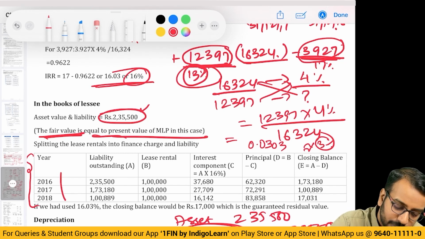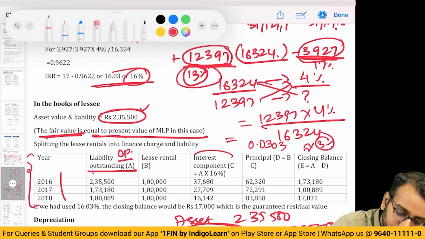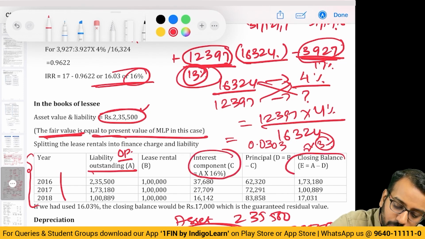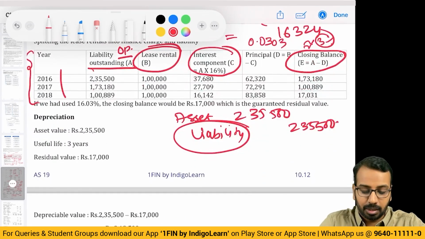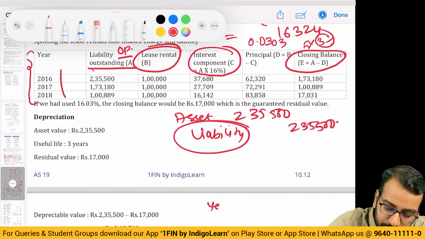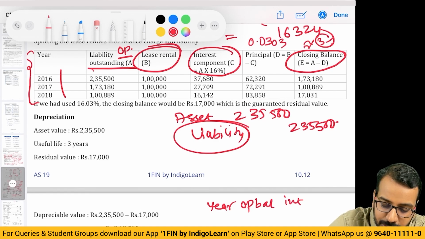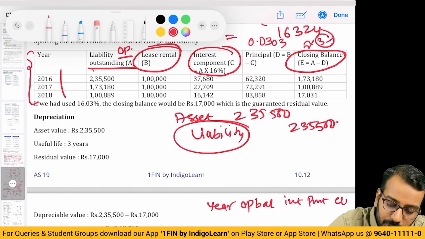You will write the years, liability outstanding or opening balance, then interest, closing balance, payment. Okay, so another way what you can do is year, opening balance, interest, payment, closing balance.